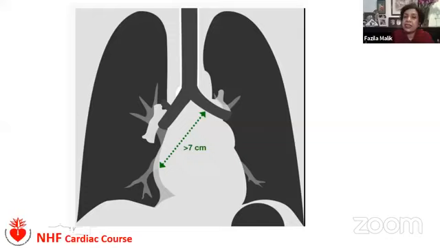And one indirect or direct way of understanding this is measuring the oblique length of the left atrium from its right border to the left main bronchus. If this is larger than 7 centimeters in size, then it indicates that the left atrium is dilated.